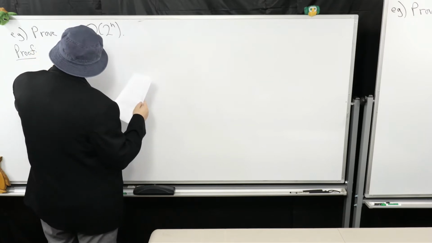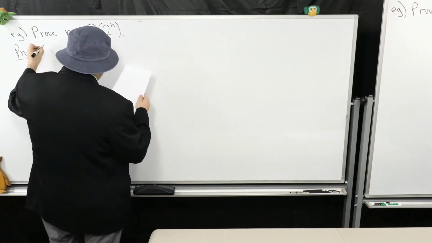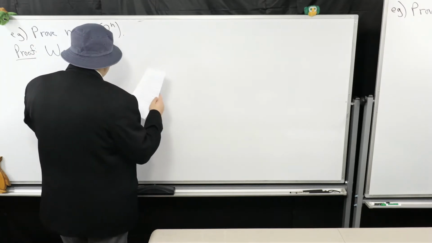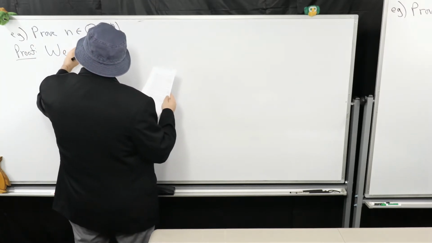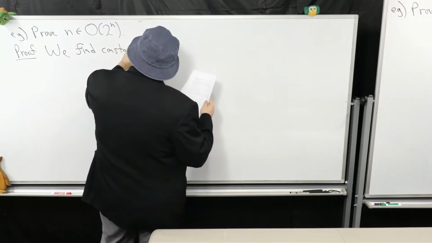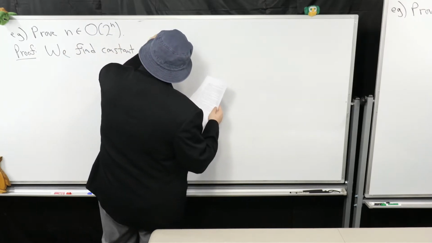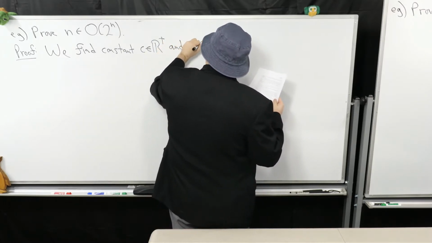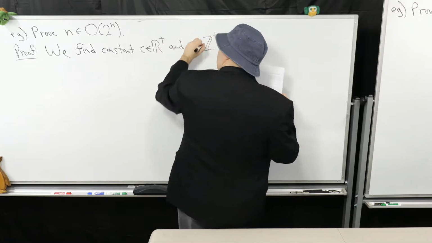So what I'm going to do is I'm going to prove n is big O of 2 to the power of n. What do I usually do? I lay out the game plan, what I'm going to do. So we find constants, c, which is a positive real number, and n0, which is a positive integer, right?